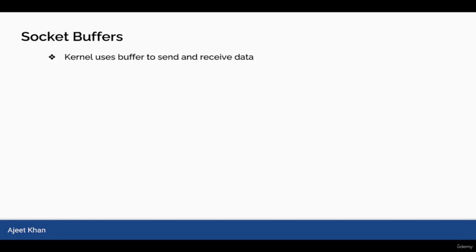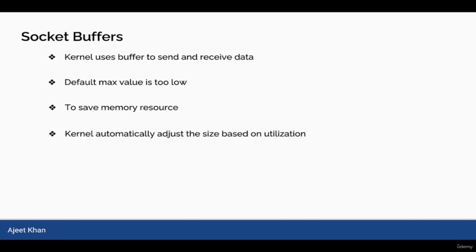Kernel uses a buffer to send and receive data. The default max value of the socket buffer is set very low because the memory you use for this buffer will be occupied in the RAM, and it is not good to occupy that much memory in advance. So the kernel keeps it at a low value, and then it automatically adjusts the size based on utilization.